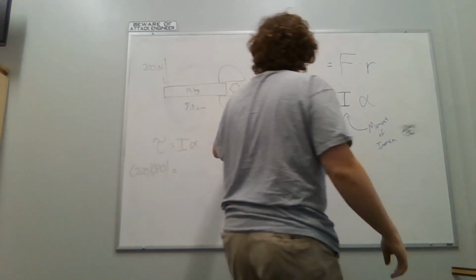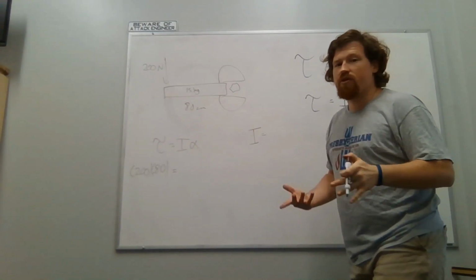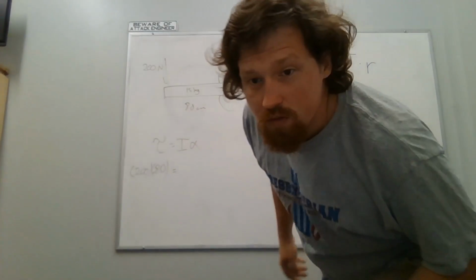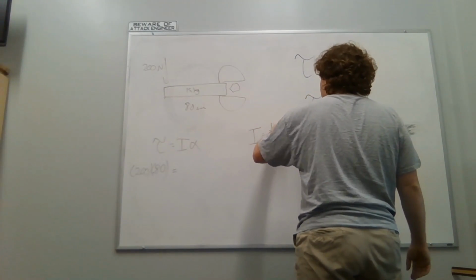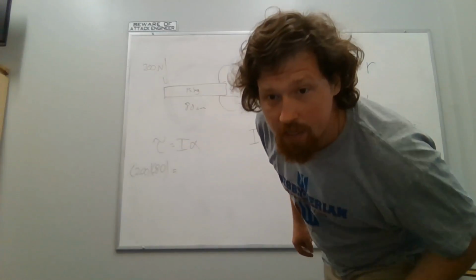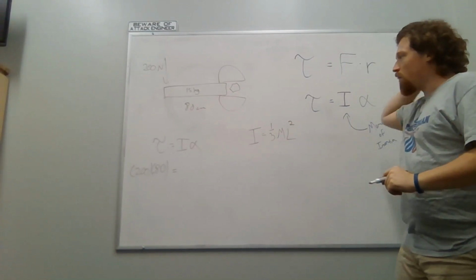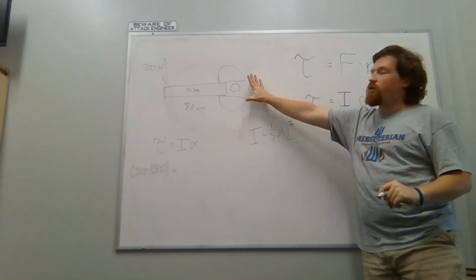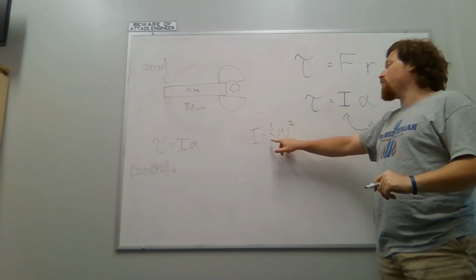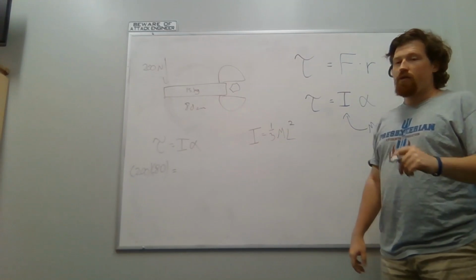And just to summarize that formula on the board, it says that the moment of inertia for such an object would be equal to 1/3 times its mass times its length squared. So, the moment of inertia of this wrench will be equal to 1/3 times the wrench's mass times its length squared.